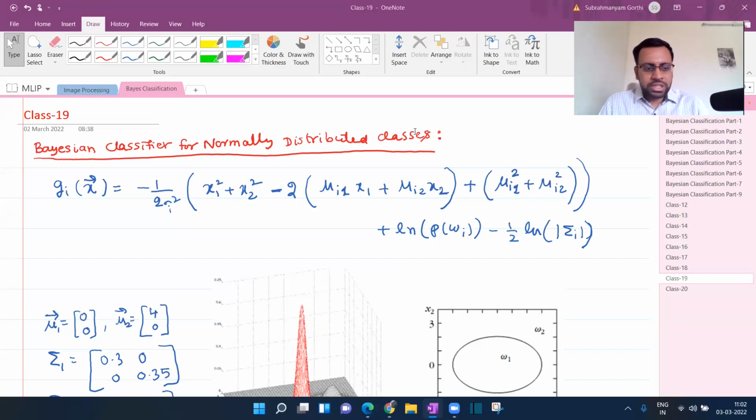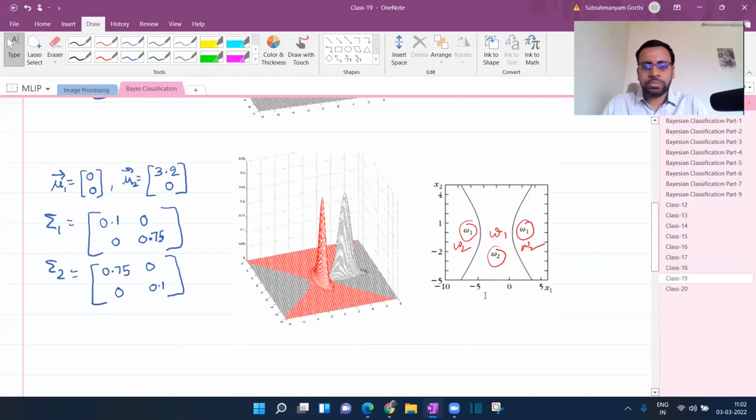In the last class, in the Bayesian classifier for normally distributed classes, we have seen a couple of examples where we noted how the decision boundary would be for varying values of the covariance matrix, as we could see here in this example.